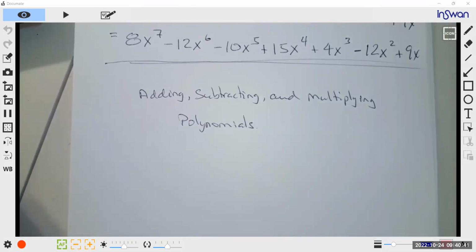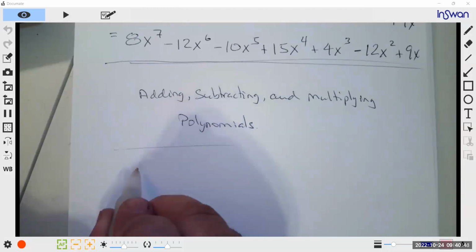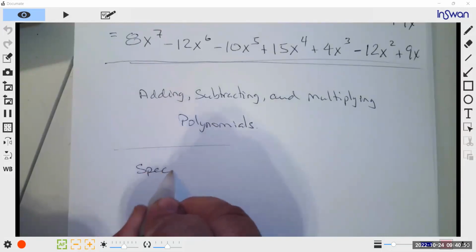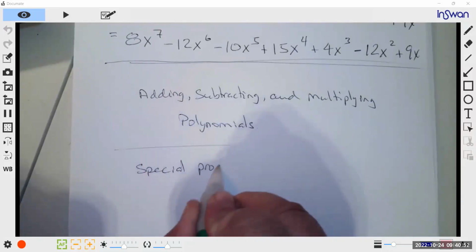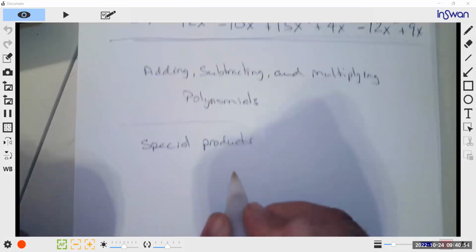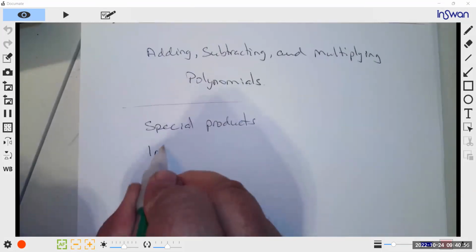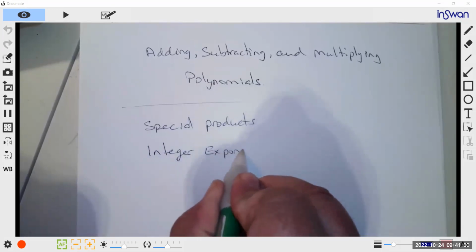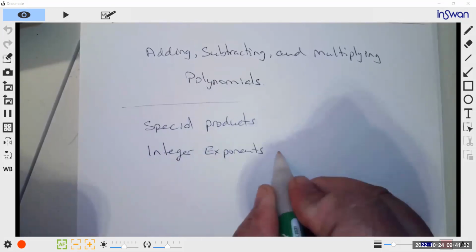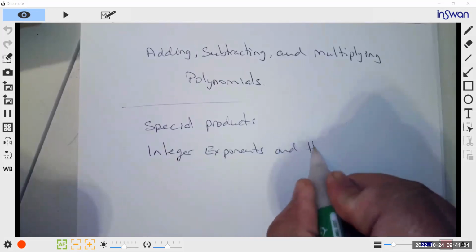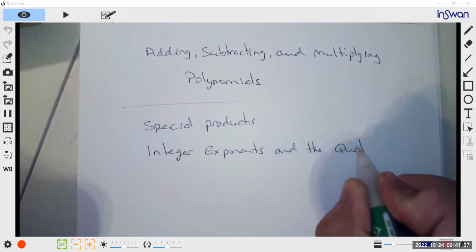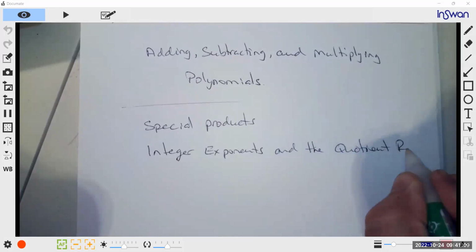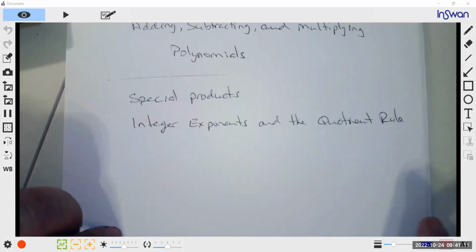And the only things we have left to do, we'll look at next time. We'll talk about special products, integer exponents, and the quotient rule. We went over that already, but we'll do it again.